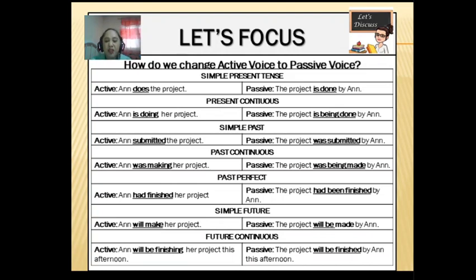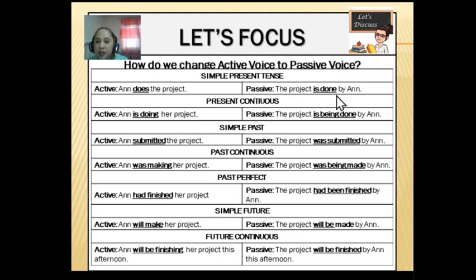Anne will be finishing her project this afternoon. Take note, because we are in the future continuous, the word finished is in its past participle. Again, in all of these sentences, the subject becomes the object and the object becomes the subject.